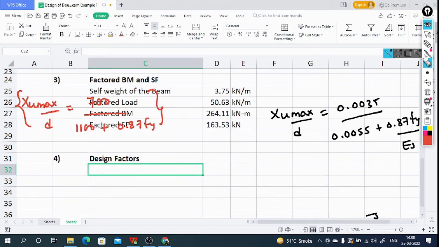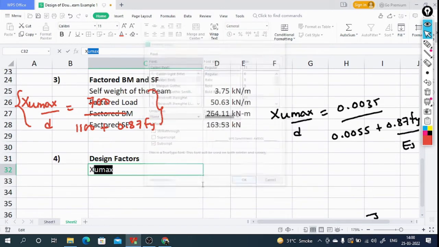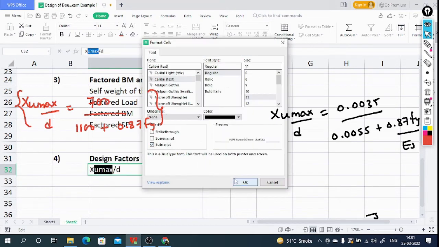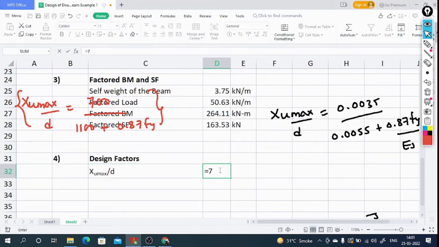So we have xu max by d, we can take this part in subscript, by small d. xu max by d equal to 700 divided by 1100 plus 0.87 into Fy.